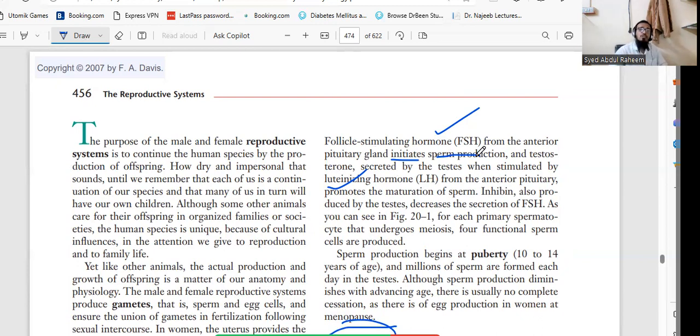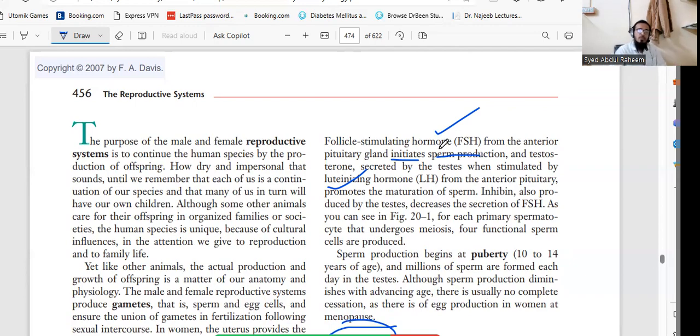Some patients will complain that the immature sperm cells are more. So what will happen here? LH is not working properly. LH is not released by the pituitary gland, and testosterone is not working properly. So both testosterone and LH hormone mature the sperms, and FSH hormone will initiate the sperm production.